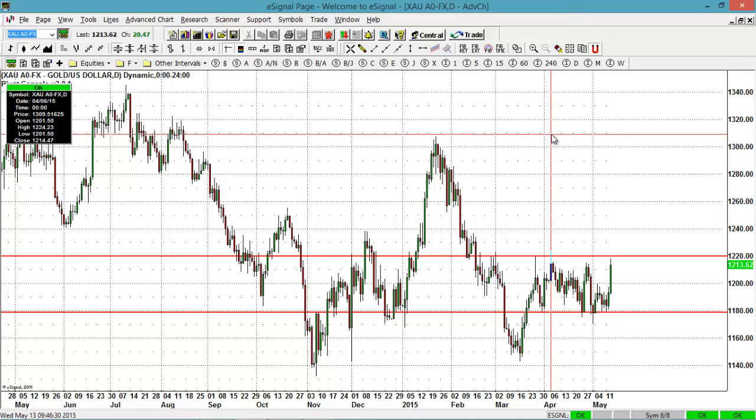I receive a lot of questions about the gold market. Everyone is interested in gold, whether they own physical gold or they are long gold. And that's the thing, most people are long gold.